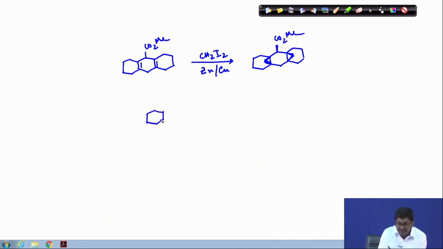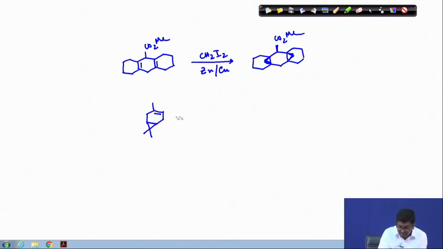that if there is nothing to guide, I mean there is no heteroatom or no such kind of guiding group, then what will be the consequence? Okay.